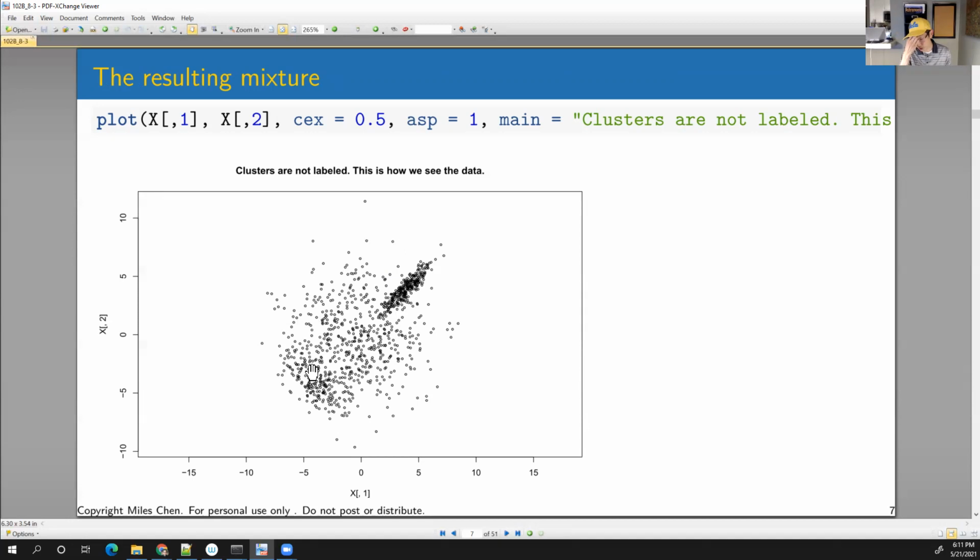But what we want to do with the EM algorithm is cluster the data points. We want to say whether certain points belong to one cluster or another. And we don't want to just do this using Euclidean distance. We don't want to use k-means clustering because we want to allow for one distribution to have a big variance and another distribution to have different variances.